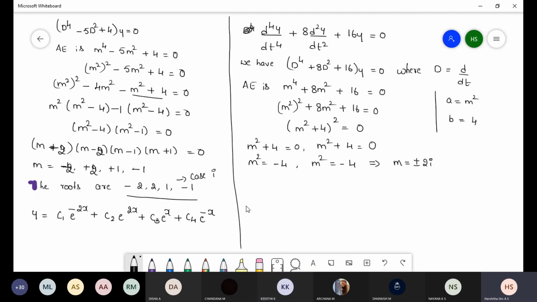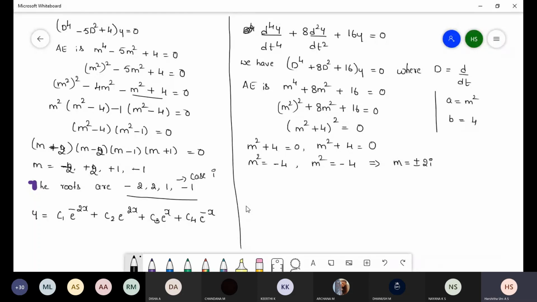Because when we apply square root on both sides, we just write m is equal to plus or minus root of minus 4. Minus, already I told, minus means i square. Again 4 means 2 square.